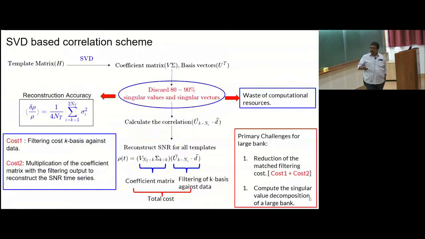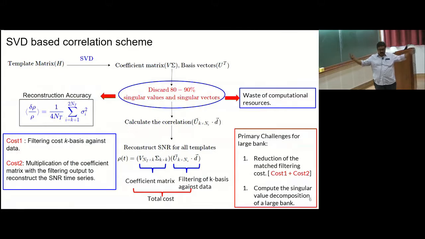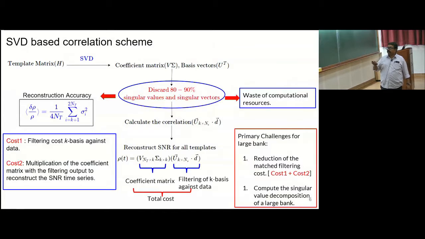But these are extremely wasteful methods because what you do is you have a huge template bank, and ideally what you would do is you would break it down. For instance, you could do an SVD decomposition to find the ideal basis vectors. But then because only a very low rank would suffice, you'd end up discarding almost 80 to 90% of the singular values and singular vectors.